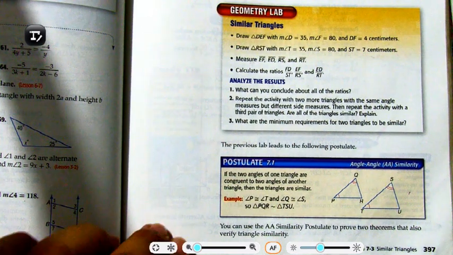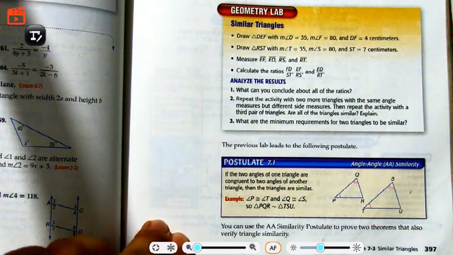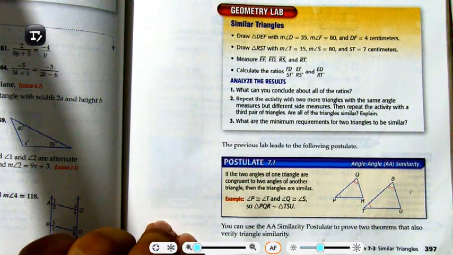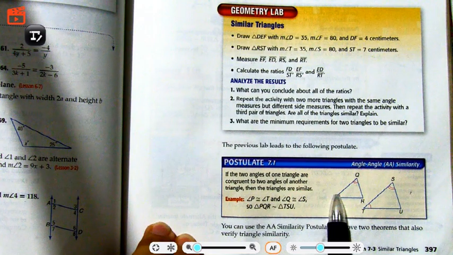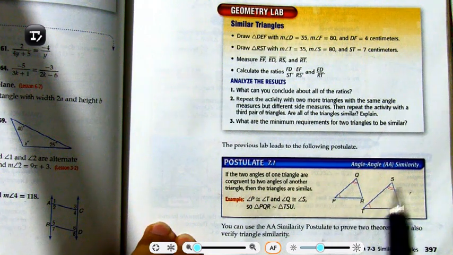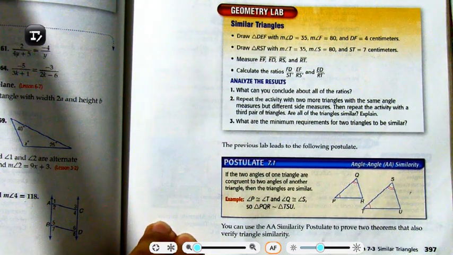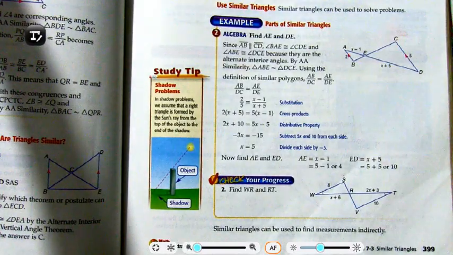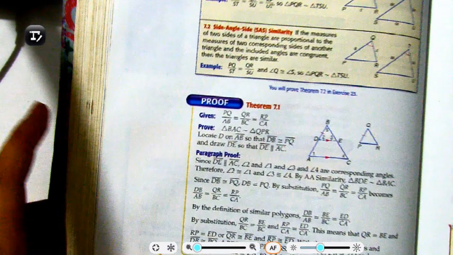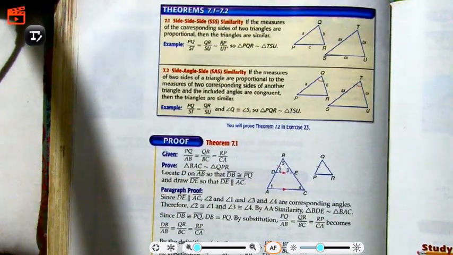First shortcut, you only need to know two pairs, so that means 4 measurements, two pairs of angles. Next, we have the side similarity. This is used if there's no given angle.